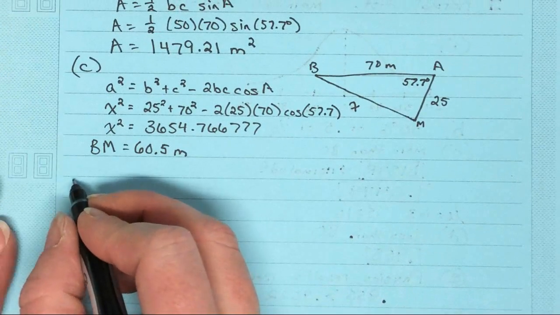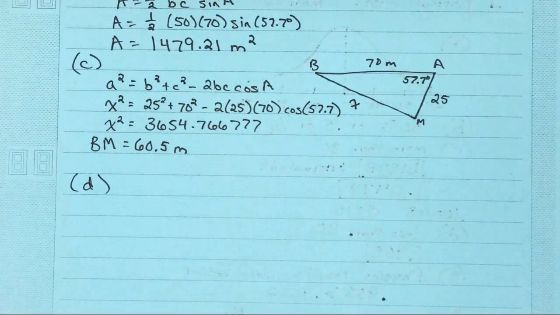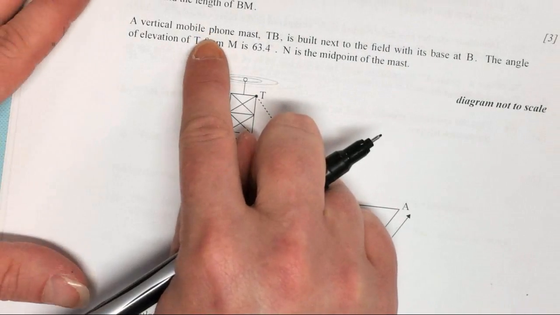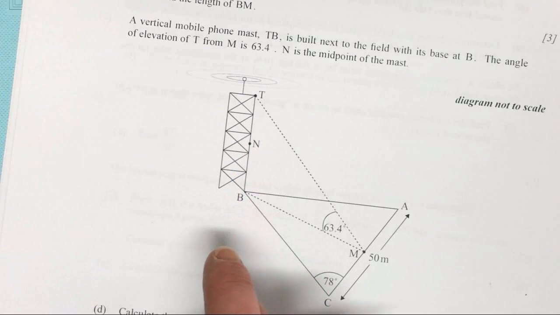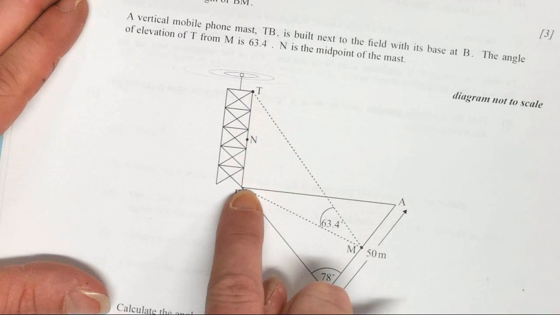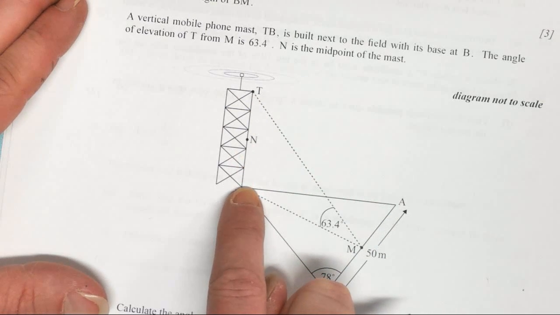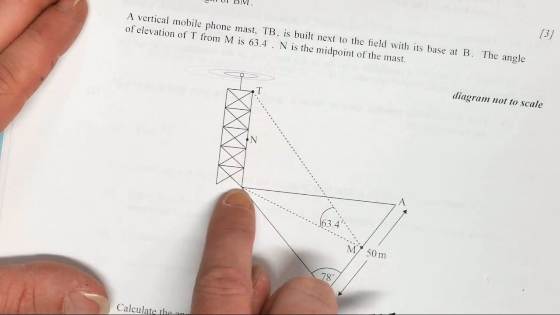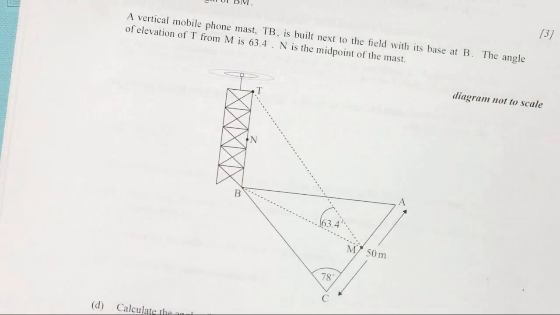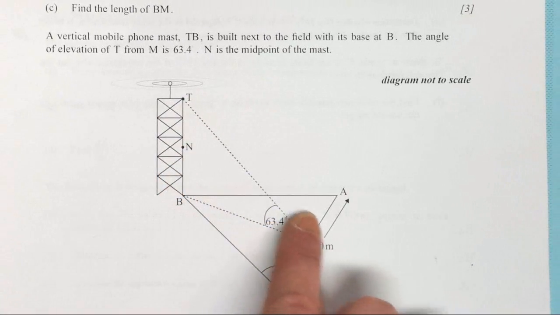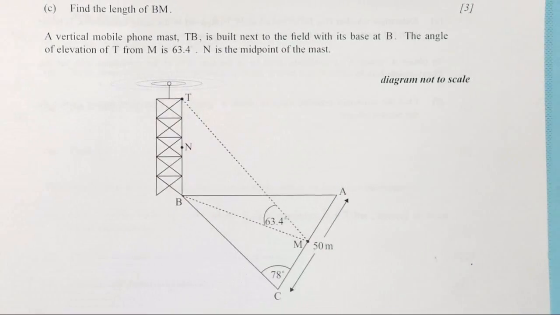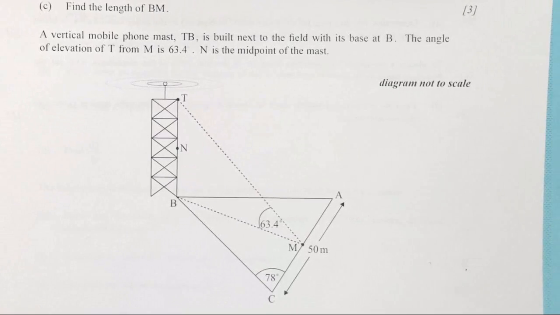Part D says that we have a vertical mobile phone mast. So TB is vertical to the ground. What does that mean if it's vertical? Upright. So T to B is vertical, so this is kind of a 3D view of it. This triangle right here is a right triangle. I love that. Woo!